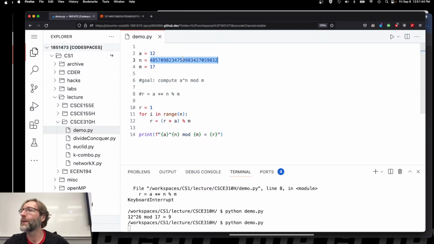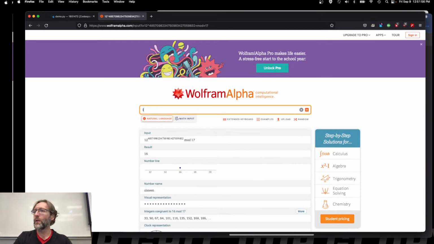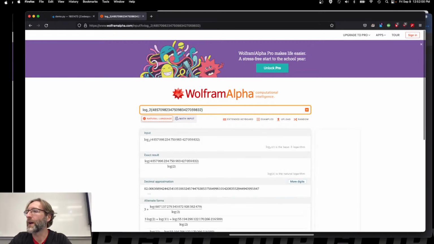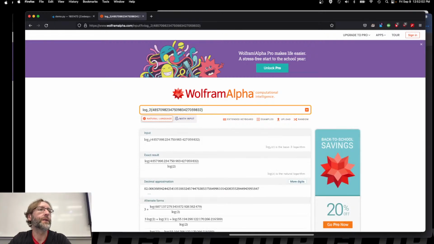That's not linear. Because how many bits does it take to represent this thing? Wolfram Alpha, log base 2 of that. The actual input size is only 82, not that big number. It only takes 82, well, 83 bits to represent that.